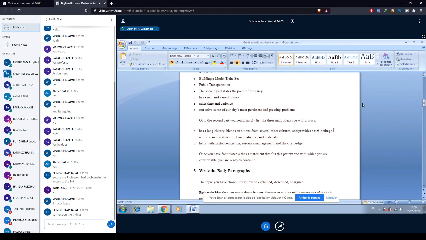If I find it, that's okay. I go to the second paragraph and I see if the topic sentence has something like blends traditions, different cultures, other cultures, several cultures. So I have to have around these words, and the paragraph should be developing only these words.